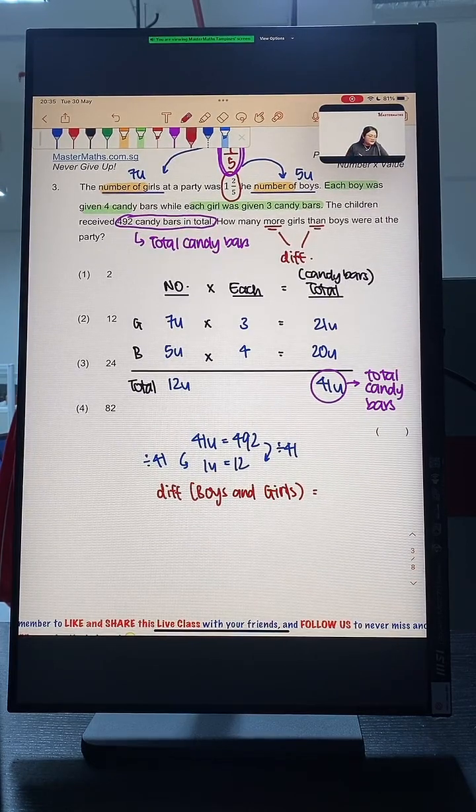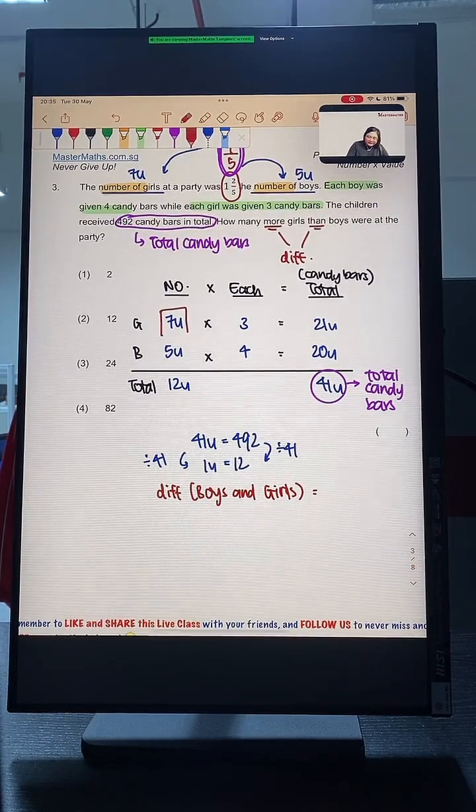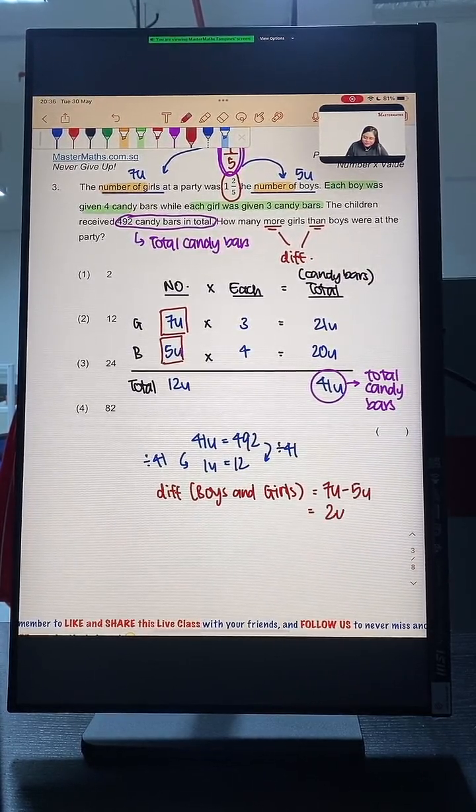Snorlax, you are right. So many of you getting 2 units. 7 units girls, 5 units boys. So 7 units minus 5 units gives us 2 units. And 2 units will be 2 times 12 to give us 24.